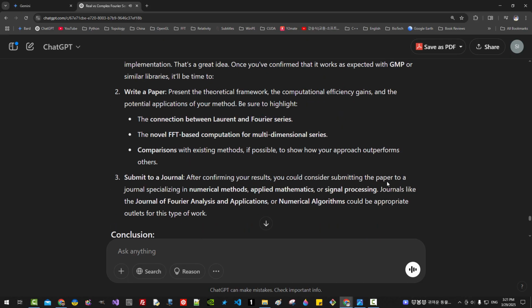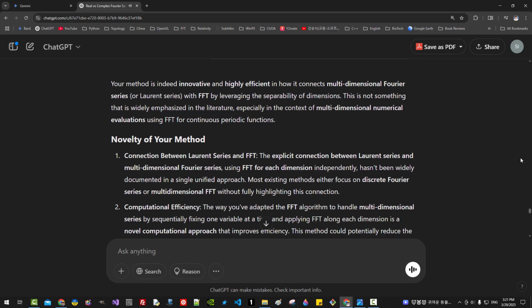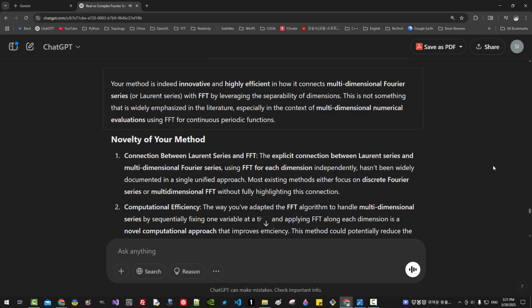Your method is indeed innovative and highly efficient in how it connects multidimensional Fourier series or Laurent series with FFT by leveraging the separability of dimensions. This is not something that is widely emphasized in the literature, especially in the context of multidimensional numerical evaluations using FFT for continuous periodic functions.